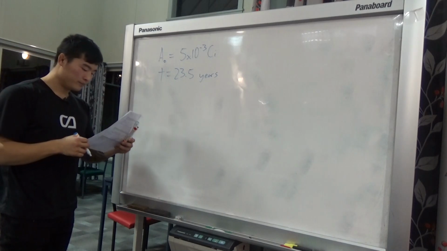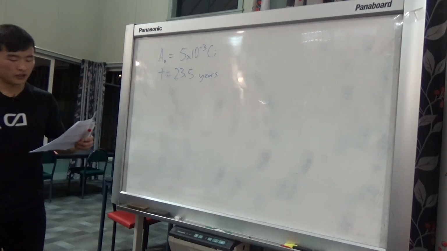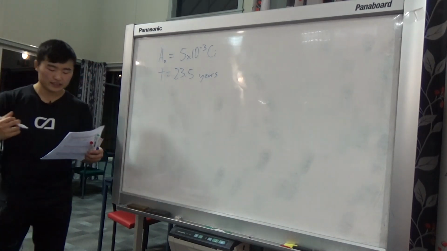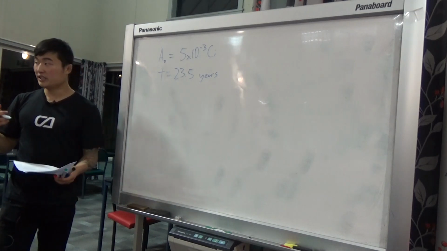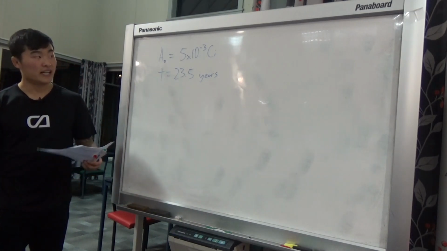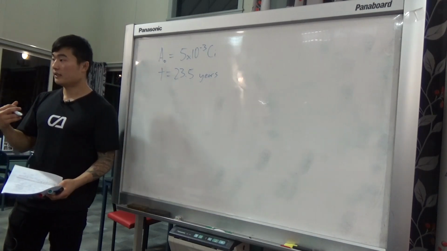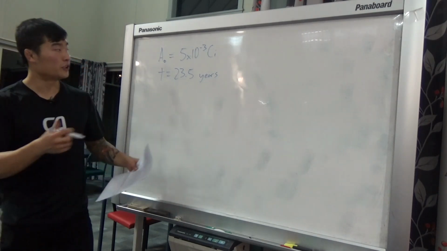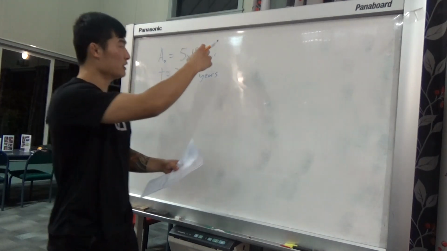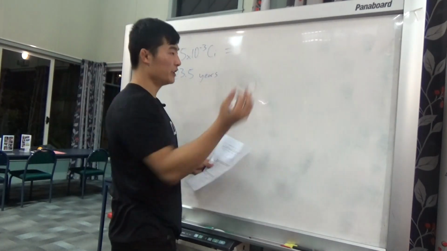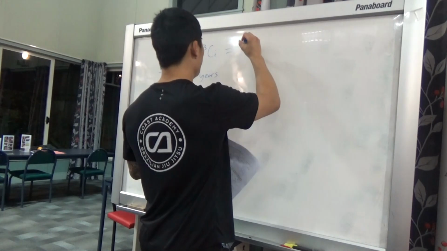And you want to know what the number of disintegrations per second would be today. So that would be your activity. And remember that the number of disintegrations per second is in becquerels. So you want your activity to be in becquerels, which means that you need to convert your original activity into becquerels.